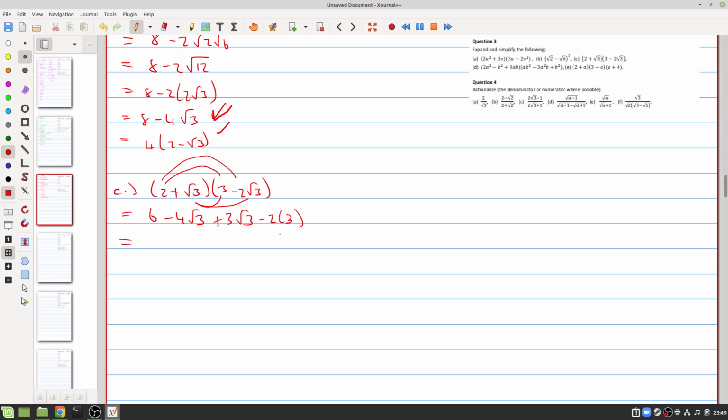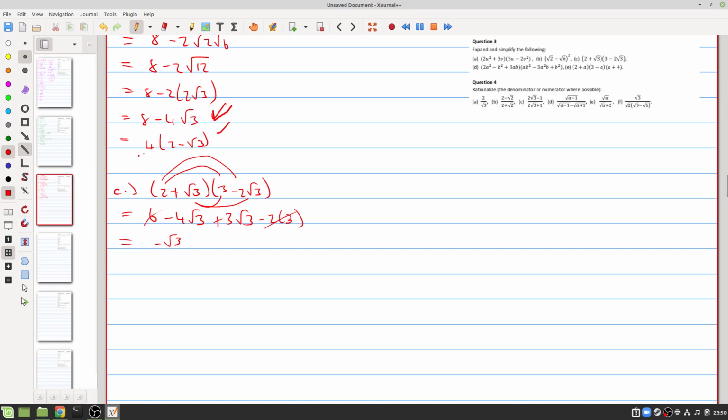Okay, so we've got 6 minus 6, so these two cancel out. And then we've got negative 4 square root 3 plus 3 square root 3. So negative 4 plus 3 is negative 1 square root 3. Okay. And again, this is probably what your calculator will also give you if you do that. So that looks like that's the answer.